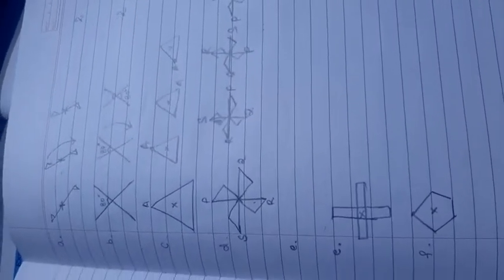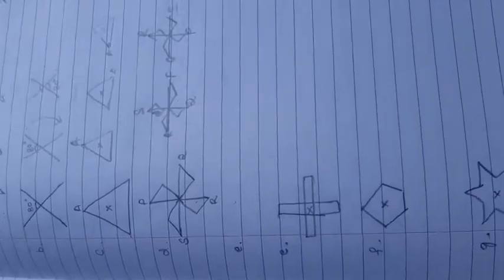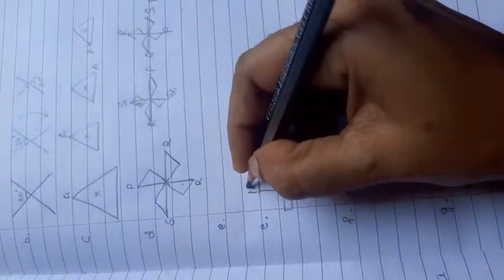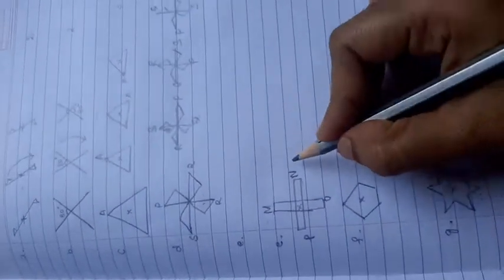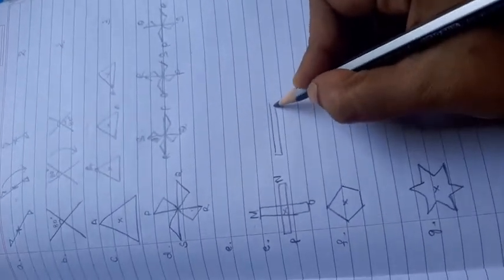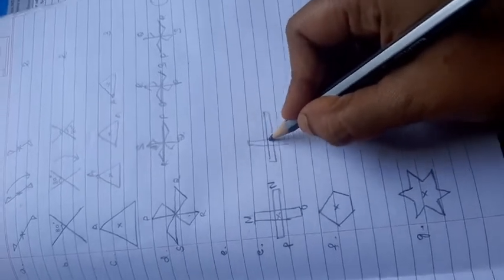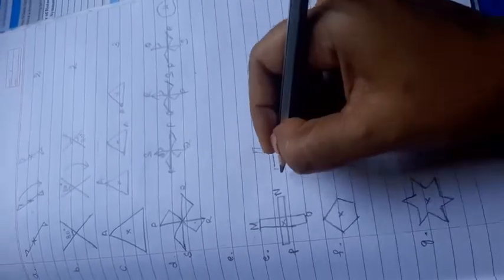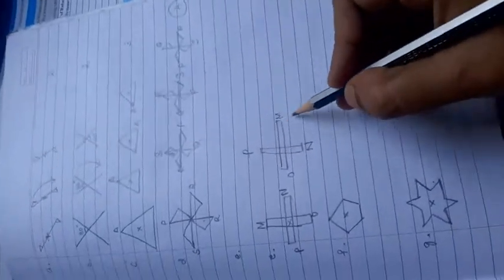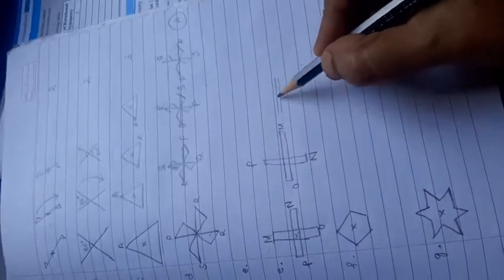Okay. Next one, that is the plus sign. See, I'll name it now, M, N, O, P. So when I rotate, the same thing takes place. I am just drawing a rough diagram. Please draw it neatly. M, N, O, P. Again when I rotate, M comes down.